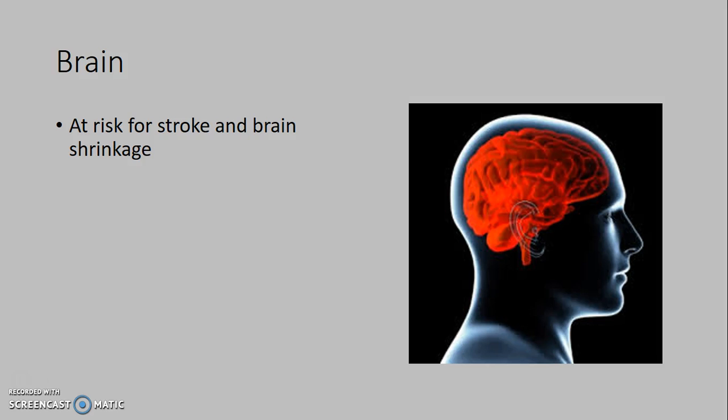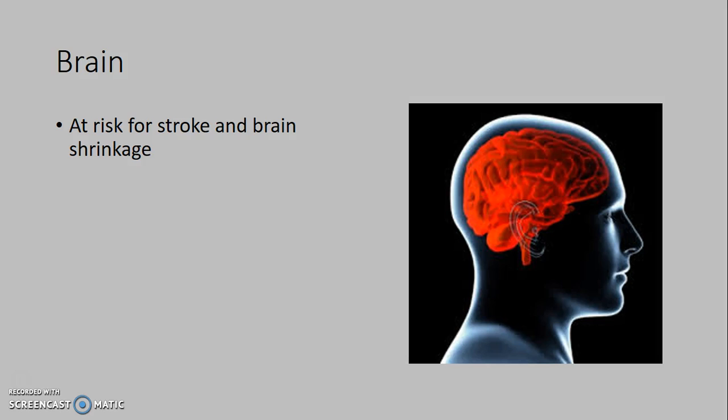And the last organ affected by type 2 diabetes is your brain. It depends on how long you have had diabetes, but studies show that people with type 2 diabetes are at a greater risk for stroke and brain shrinkage. This shrinking of the brain can cause some serious problems. They found that patients with a long history of diabetes have brain volume loss.